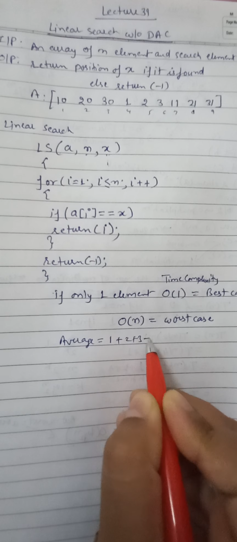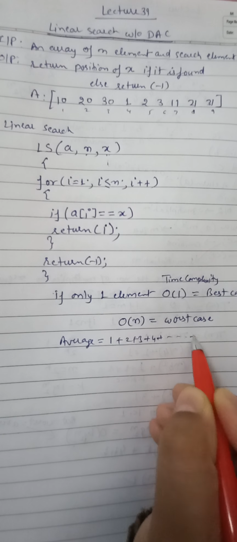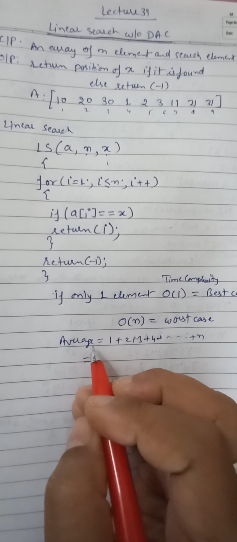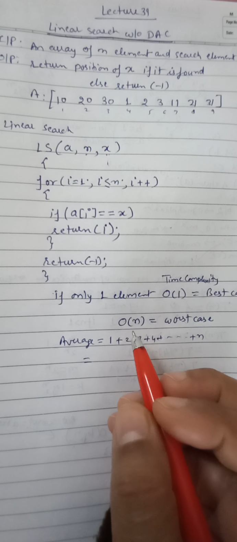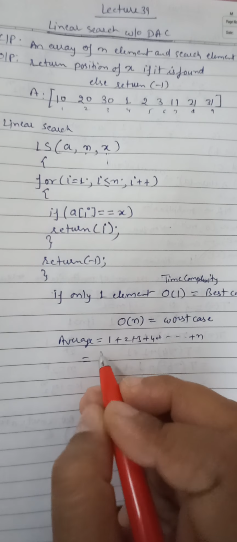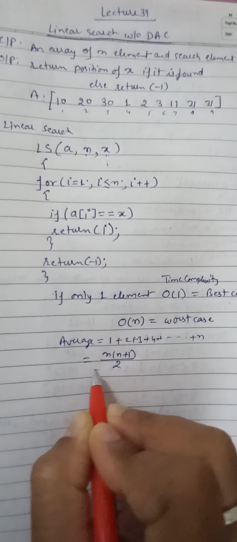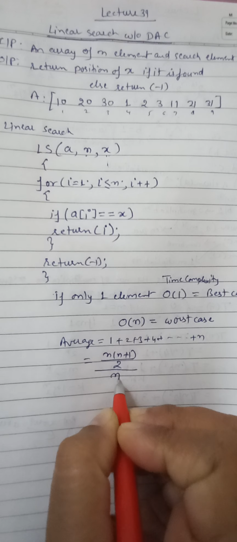And the average case, we can simply say if there are total n elements, average means 1 plus 2 plus 3 plus 4, like total n elements. So every time we are searching, the average case will be half best, half worst. So it will be n plus 1 by 2 upon total number of elements.